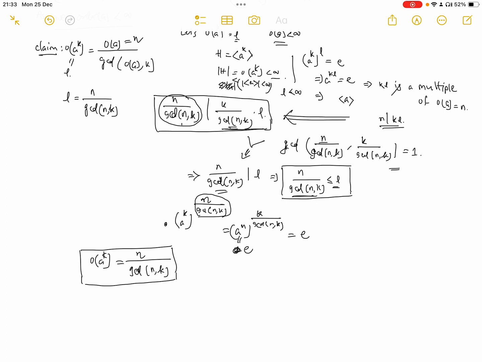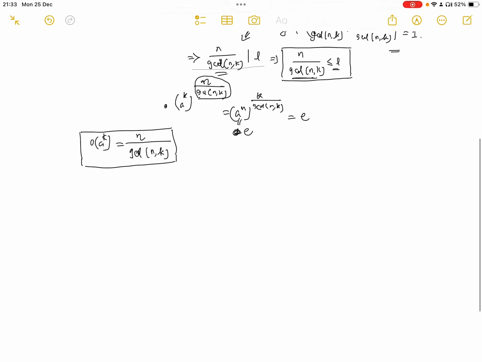So this is the first thing. Also, let's see one more small corollary of Lagrange's theorem. You pick any element A from a group and you consider the subgroup generated by that element, right?